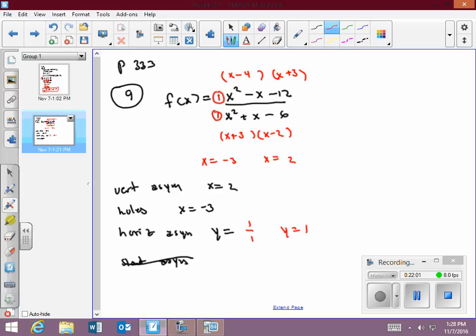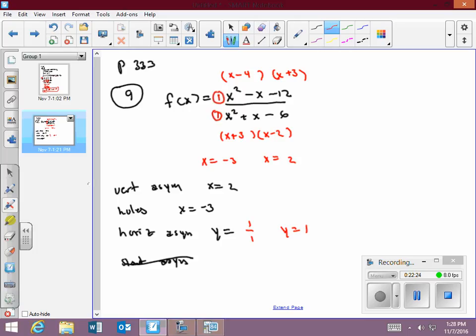So you're not going to ask for domains? No, because the domain, the vertical asymptotes and holes are related, aren't they? See, the domain is limited by what? You couldn't have -3, you couldn't have 2, because that makes the denominator 0. But -3 and 2 is what makes what?